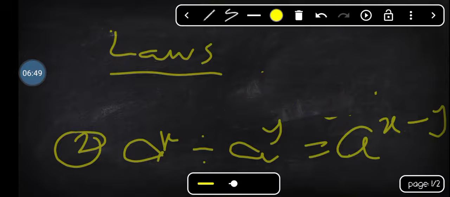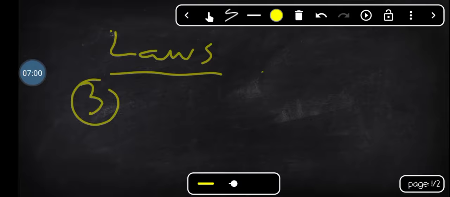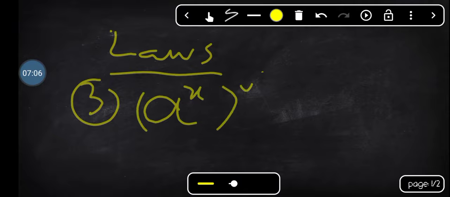Then let's look at the third one. Please take notes. The third one is the situation where you have a raised to power x, then raised to power y.